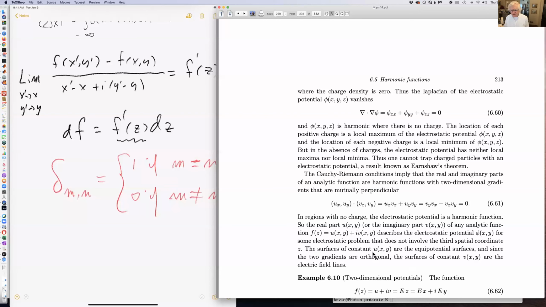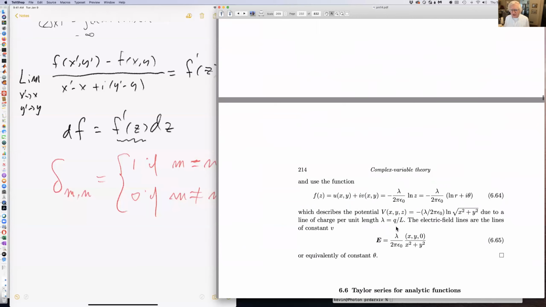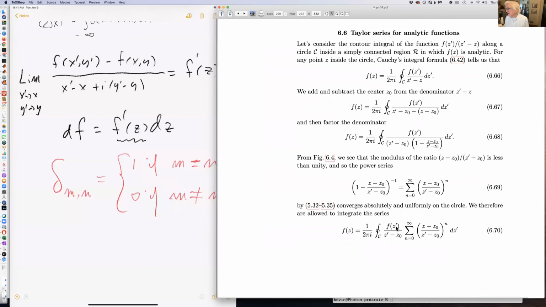So you can say that the surfaces of constant U are the equipotential surfaces, and then the surfaces of constant V are the electric field lines, or you can do the opposite. Well, there is an example for that, but I think we can skip that.